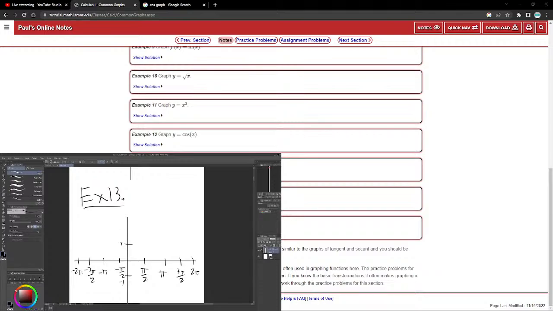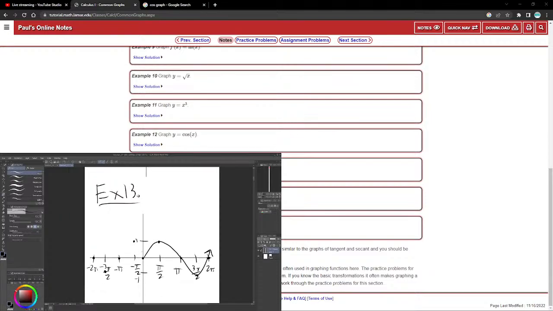Okay, so the sine starts at 0. It goes like this, this, this, and that. And then it goes the opposite way. So it's like this. Wait, no. Or wait. No, it goes like this, actually.